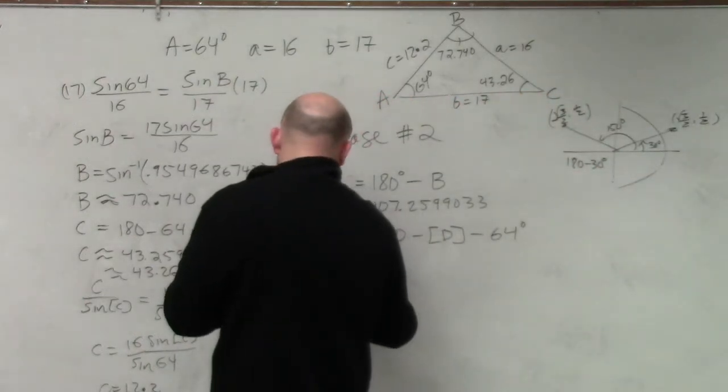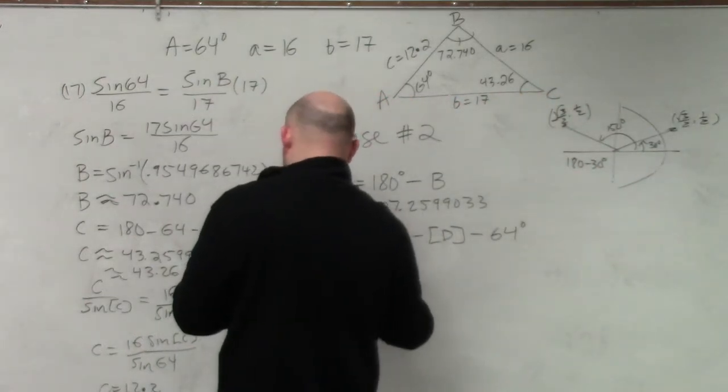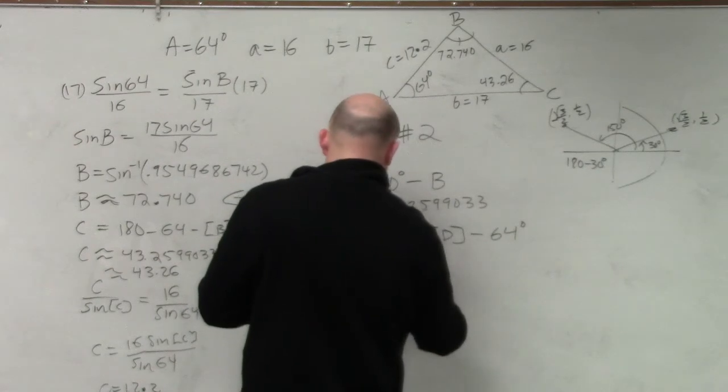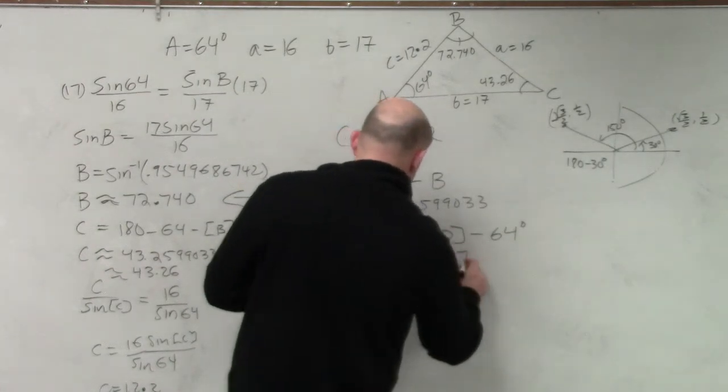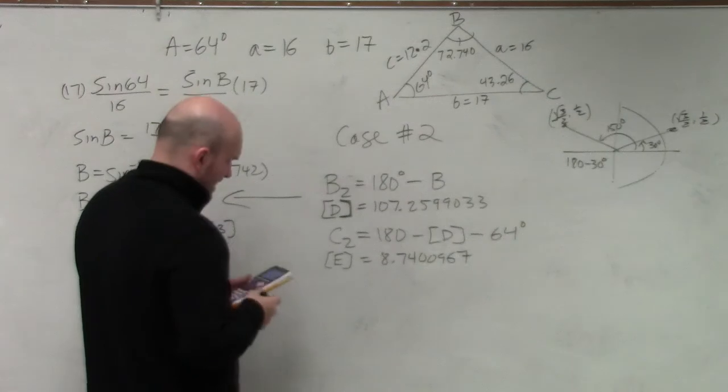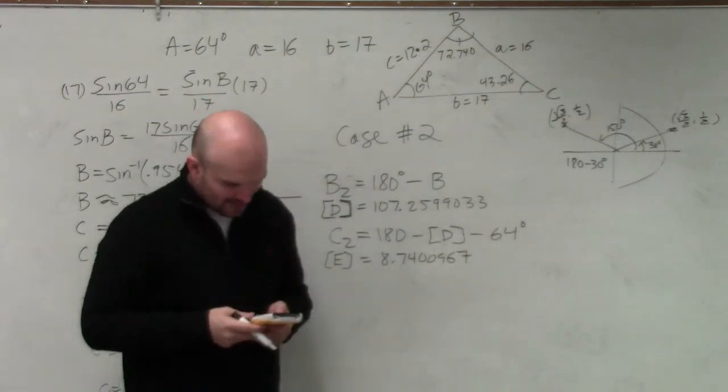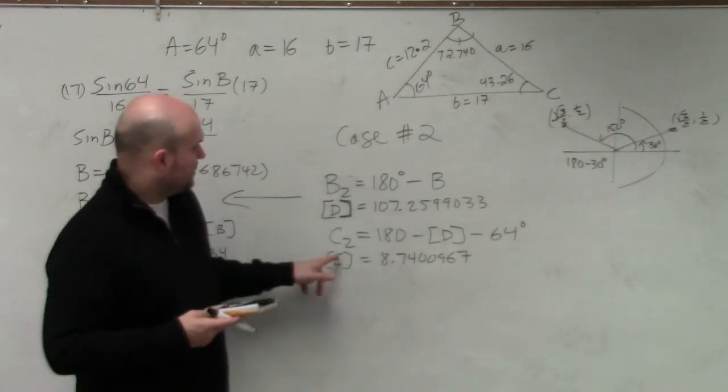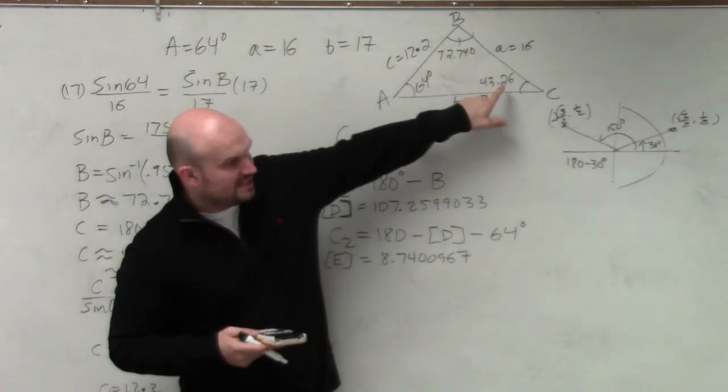I'm going to call that E, and I'll store that as alpha E, which in reality is my second angle for C.